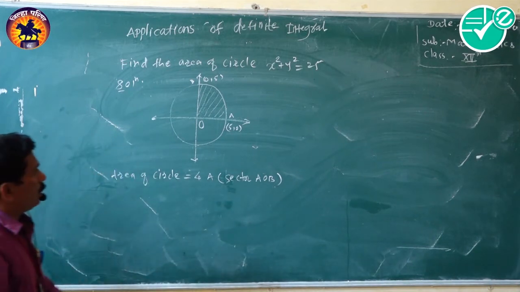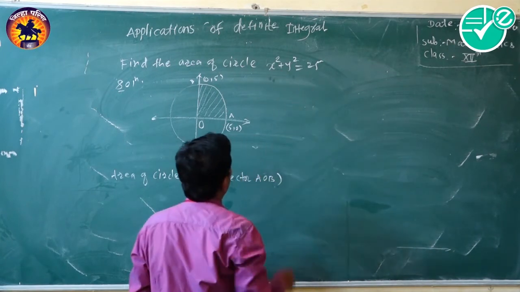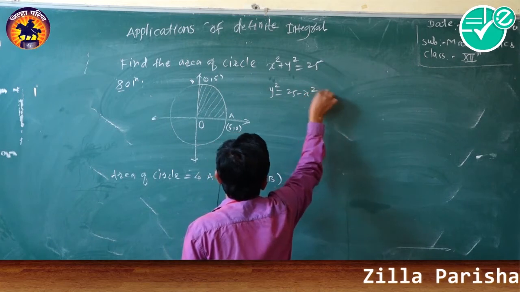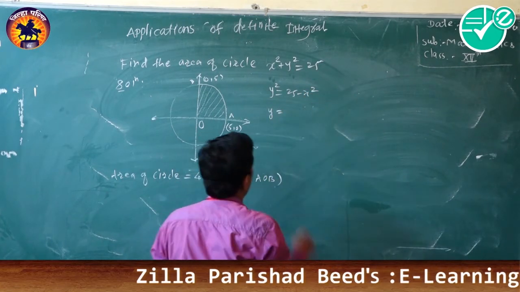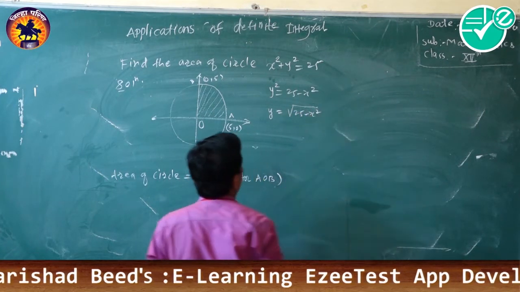Now equation of circle is given here, x square plus y square is equal to 25. This can be rewritten as y square is equal to 25 minus x square, and therefore y is equal to under root of 25 minus x square.